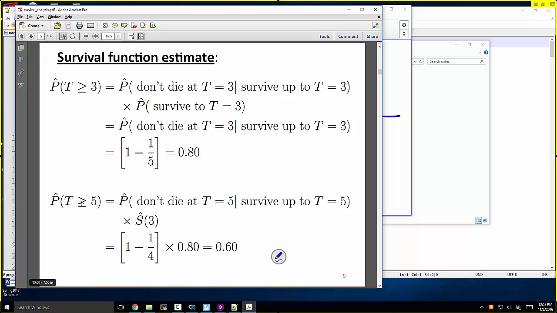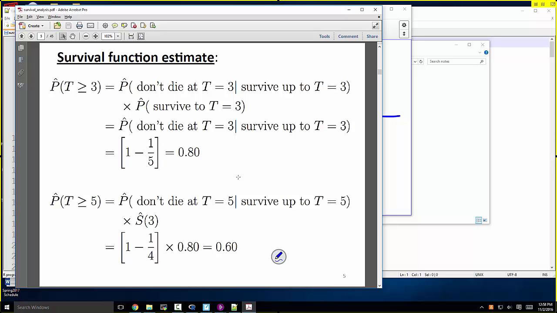So then we can think about this conditional piece. What is my estimate of the probability you don't die at time 5, given that you're at risk at time 5? And here again, we would ask, what proportion of the people who are at risk at time 5 survive?